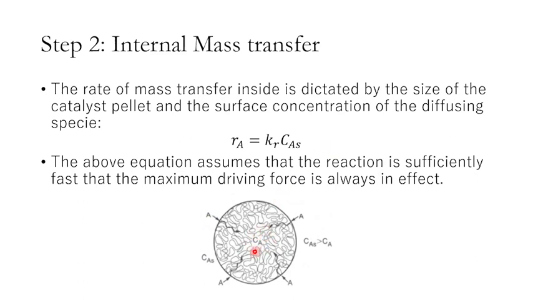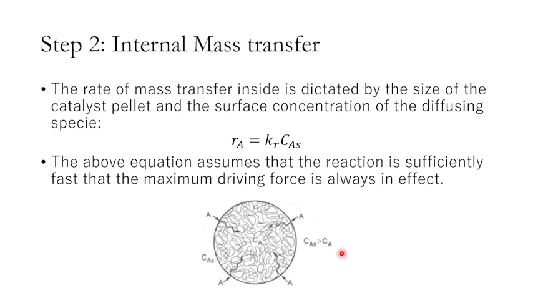Now, we will be assuming that the concentration of A at the middle of the catalyst pellet is almost equal to 0. And that is because of an assumption that as soon as A is adsorbed to the inside surface of the catalyst, it is immediately transformed into the product, such that the concentration of A at the middle of the catalyst pellet is very, very small in comparison to its concentration at the surface.